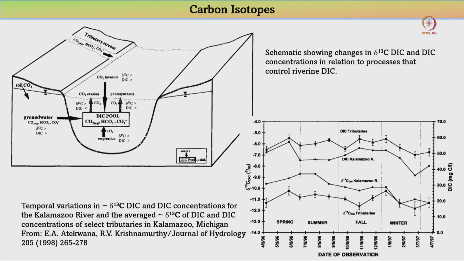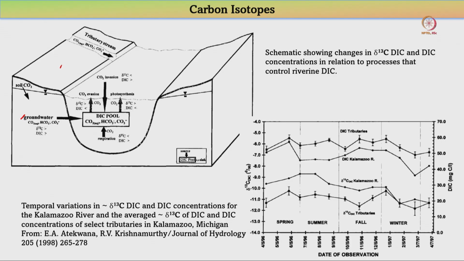Okay. So, when we are doing this kind of study, we are going to use the delta 13C of DIC values to understand the source contributions, and it is sometimes helpful to understand sources of the water itself. For example, if you have groundwater, or rainwater that is draining the soils, they will have very different kinds of delta 13C values in their DIC pools.